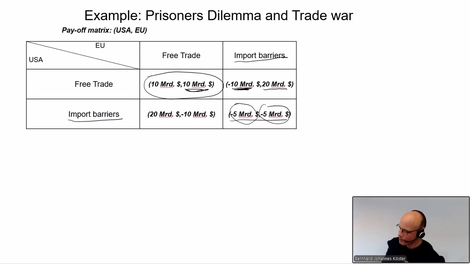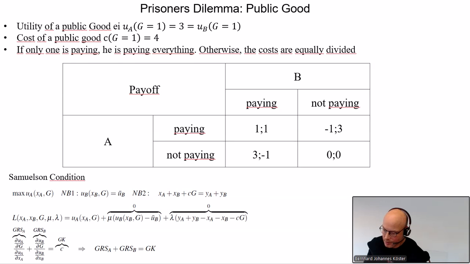And where do we find it also? I don't think that you have talked about this. We have it also in the case of providing public goods. I think you have talked about the property of a public good.